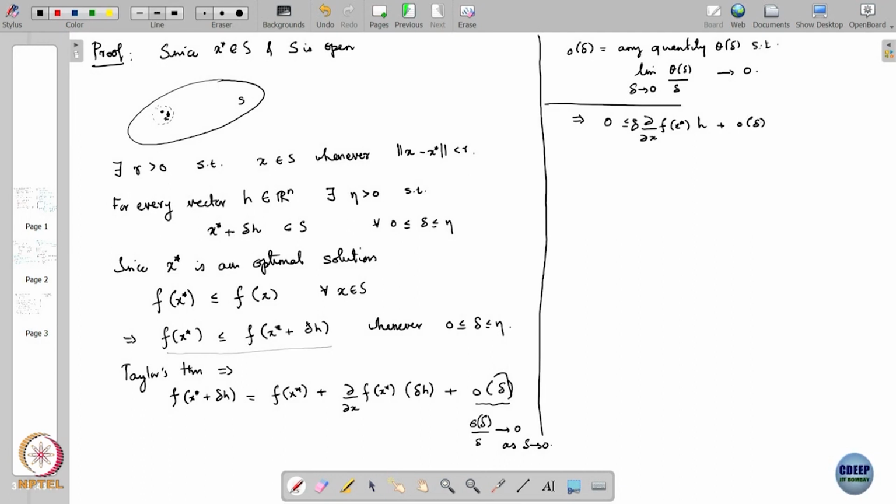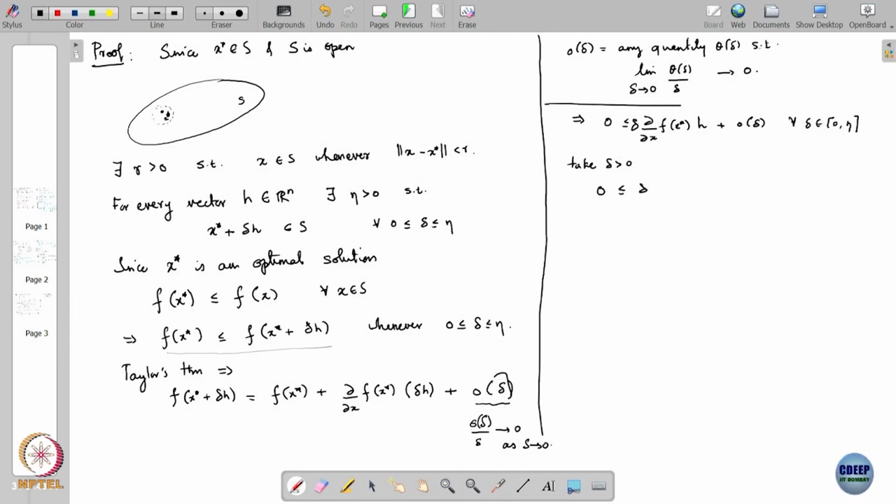Now this holds for all delta in some neighborhood 0 to eta. So, what I can do is take delta greater than 0, that allows me to divide throughout by delta.